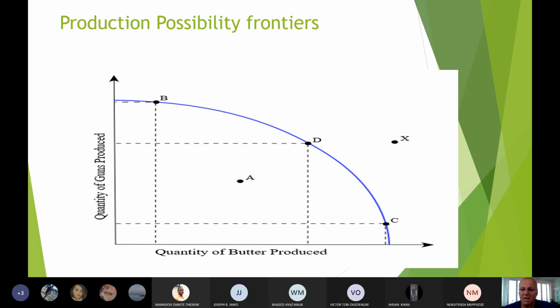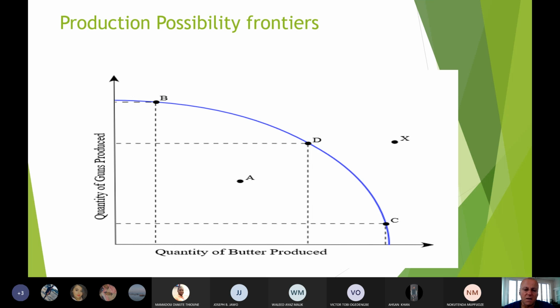We can enlarge and increase the capacity towards C probably, or towards D, for becoming more competitive, because as I said to you, we have sufficient butter production capacity at point B, but the consumption probably is much better fitted for the guns, which is too high compared to the butter at point B.